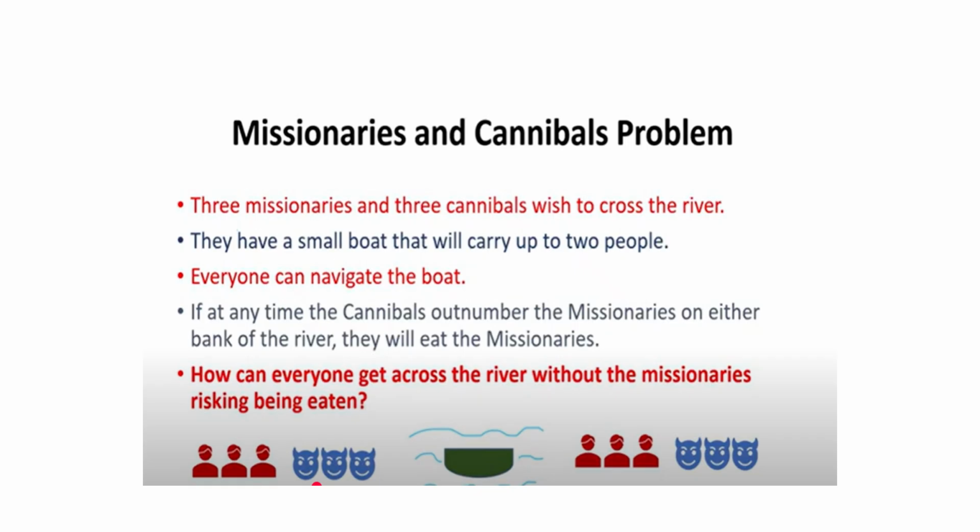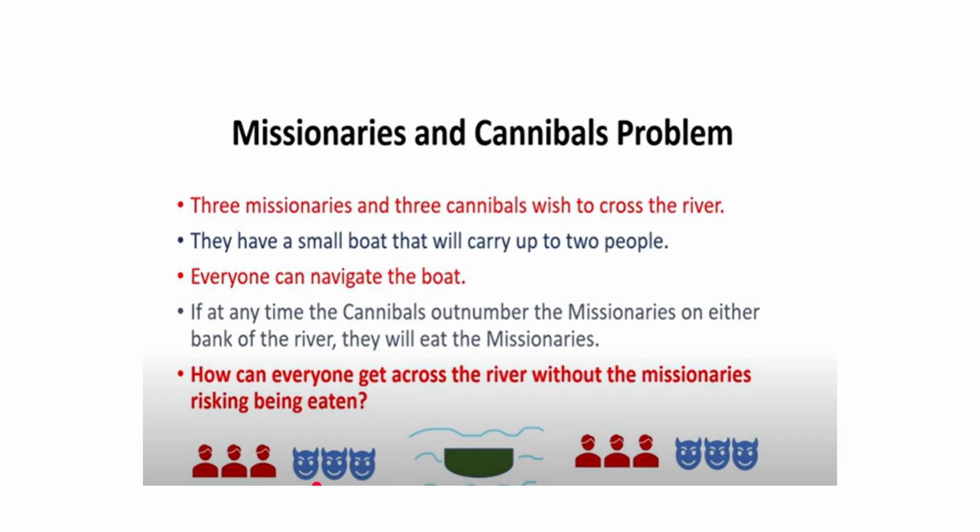If there are more cannibals, there is no problem for the cannibals. But if there are fewer missionaries compared to the cannibals, the missionaries will be eaten. That is the main constraint.